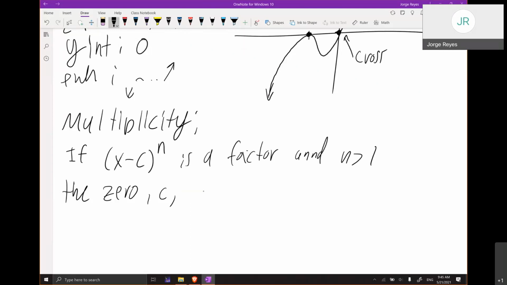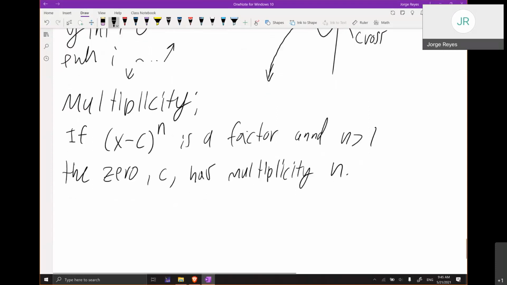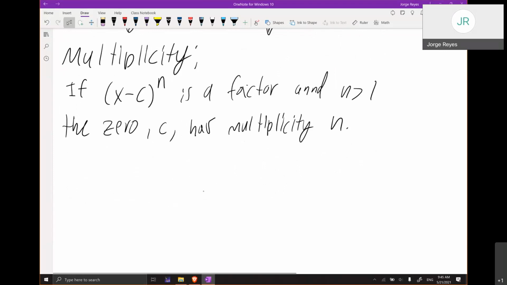We like to say, so has multiplicity n, okay? And some specific stuff happens, okay?